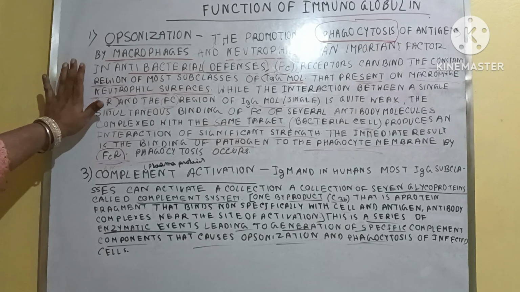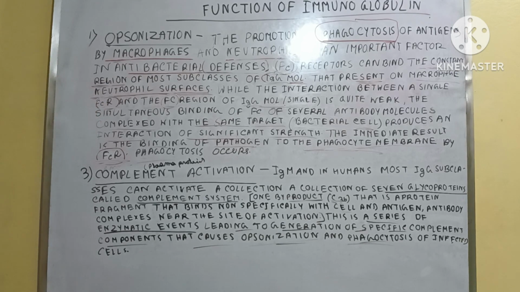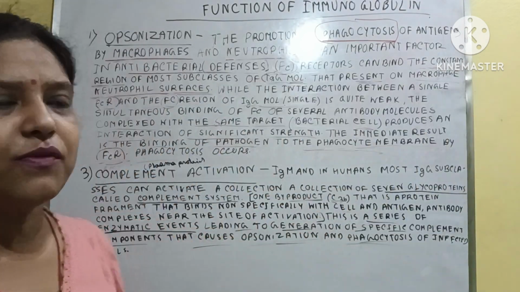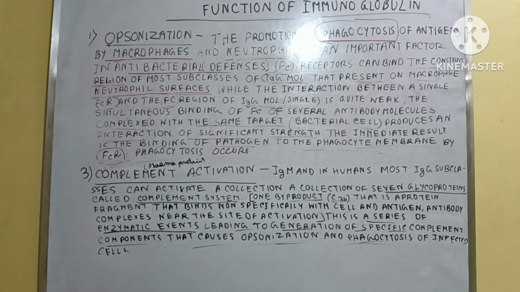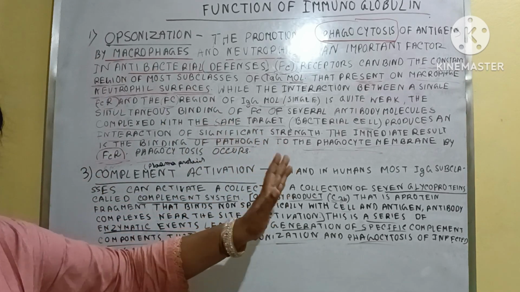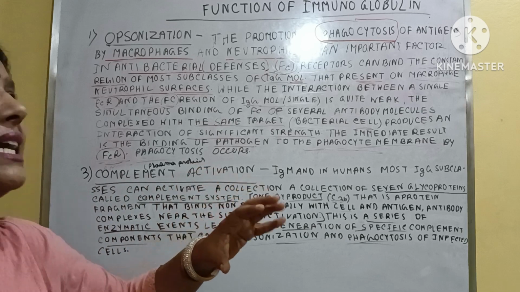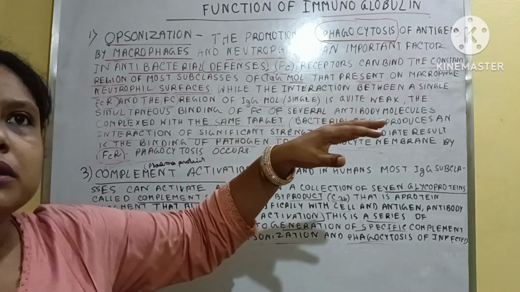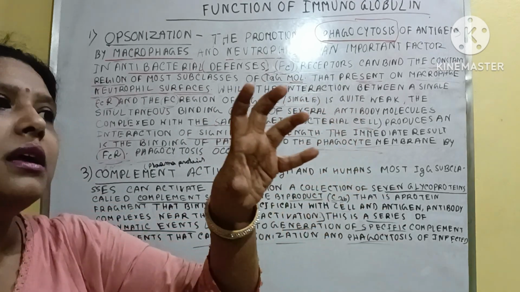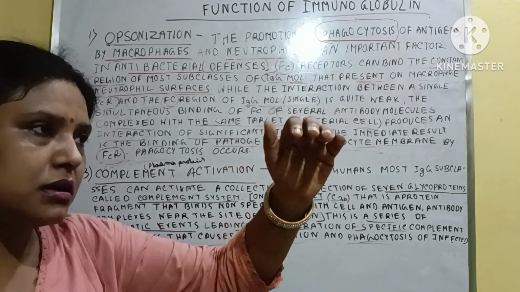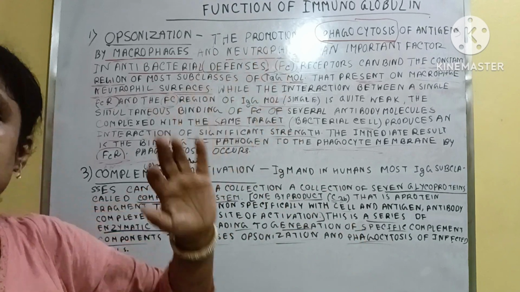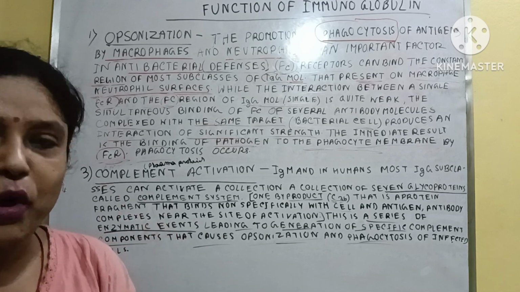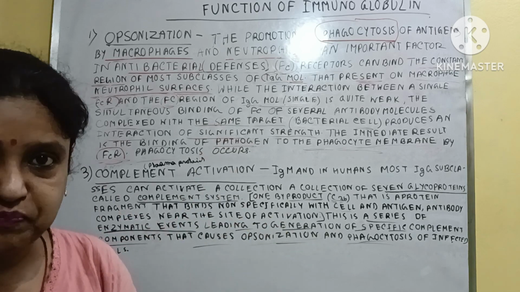So opsonization and the ADCC, obviously, are very important. In one case, the immunoglobulin just remains in place, or these are the cells where this is possible if the foreign particle is close to these cells, or the movement of the immunoglobulin occurs in the case of ADCC.